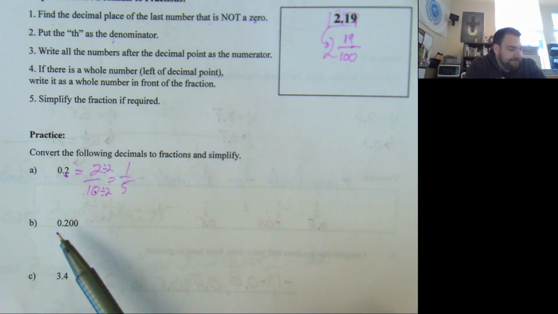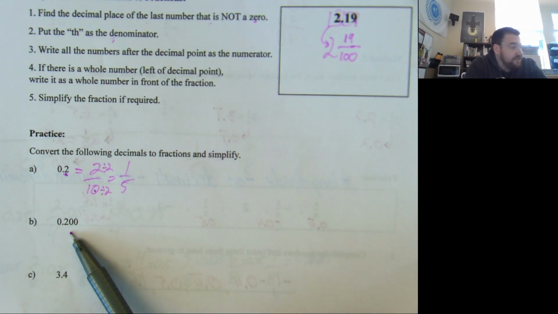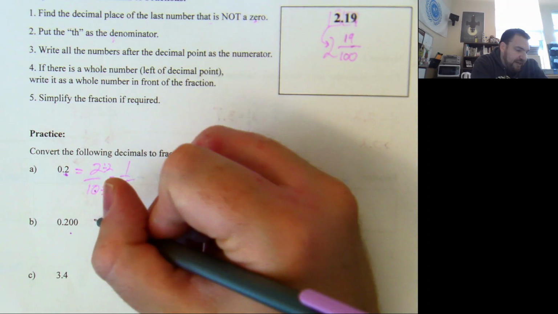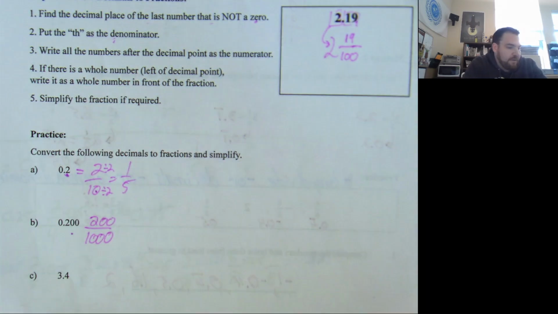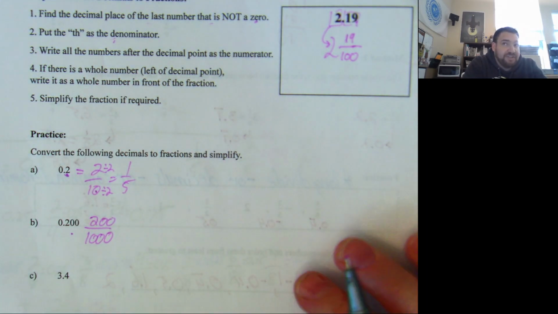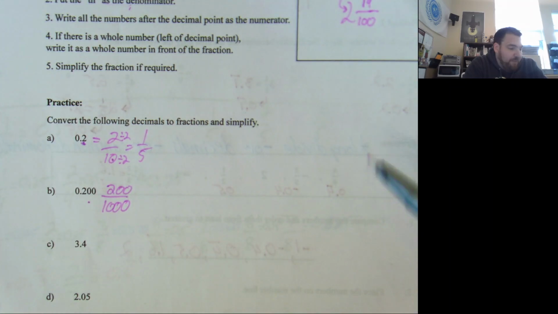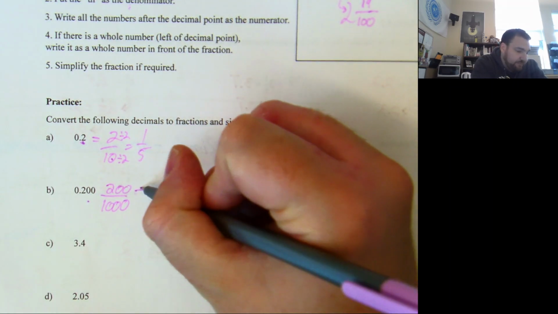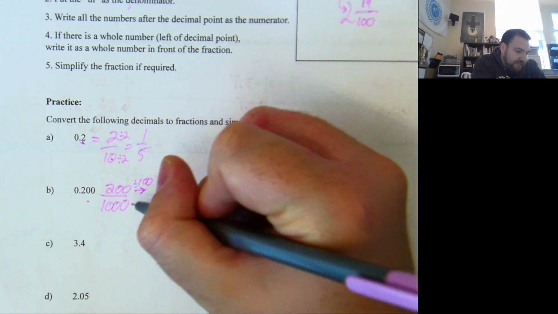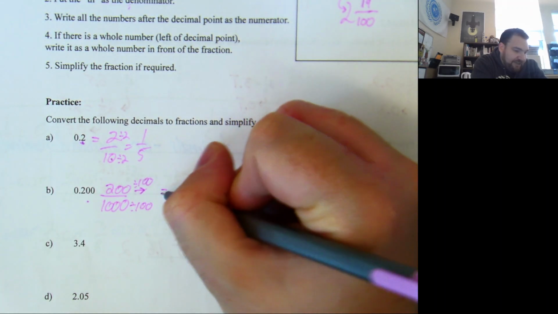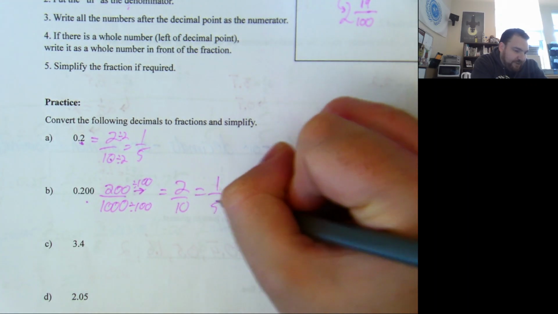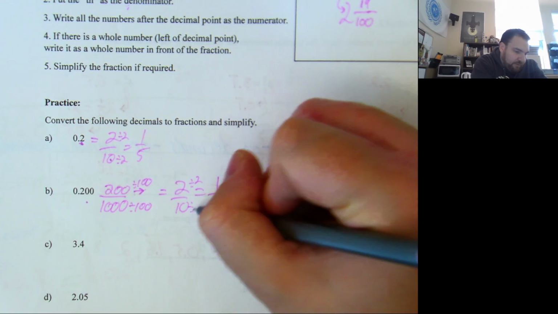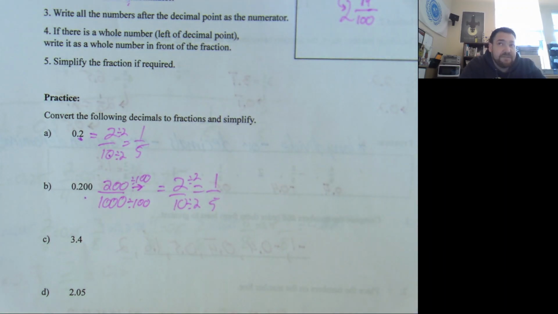How about this guy? It's the same. I could go straight and say, oh, well, this is 200 over 1,000. But now as I start reducing this thing, I can divide them both by 100. Divide by 100, divide by 100. I would get 2 over 10, which we then divide again by 2 and get your fifths.